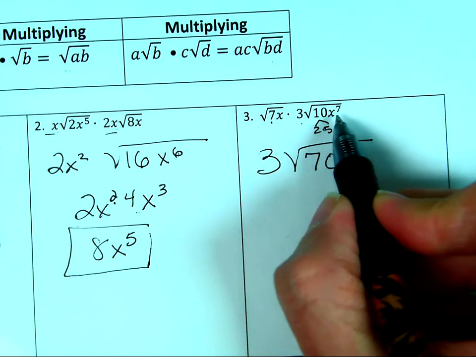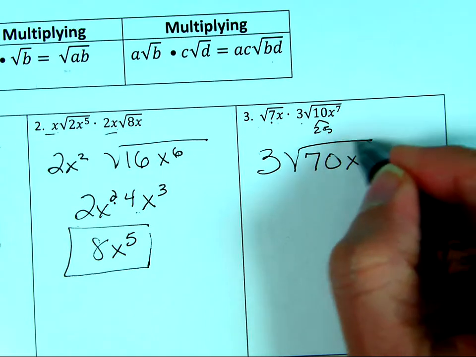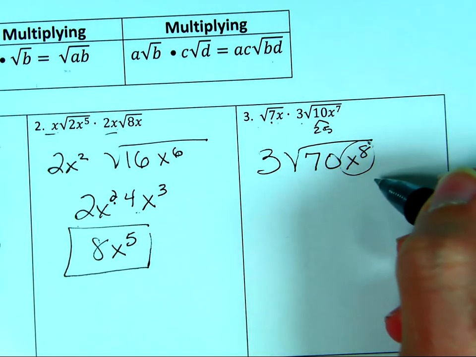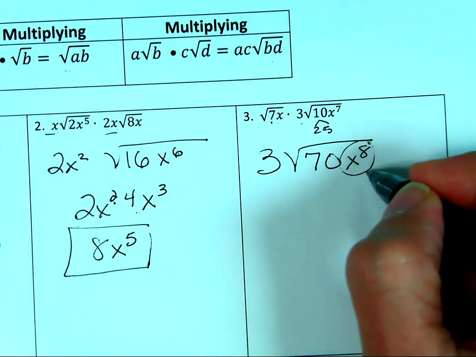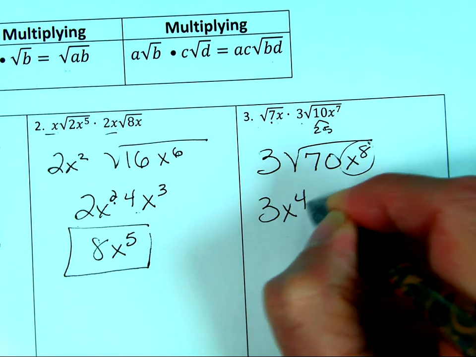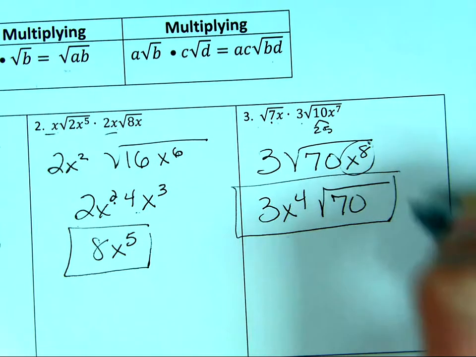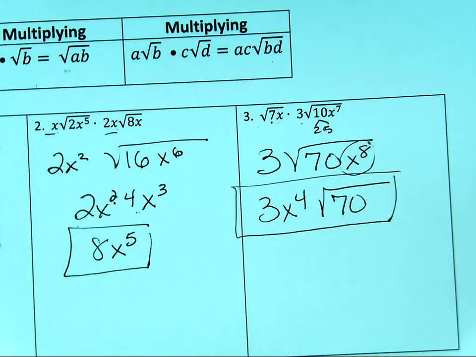And x to the 7th times x is just x to the 8th. Well, I can simplify this because that's a perfect square, because x to the 4th times x to the 4th equals x to the 8th. So I know that the square root of that is x to the 4th, and I know that the 70 would stay inside because I could not simplify it, and so that is the simplified version.